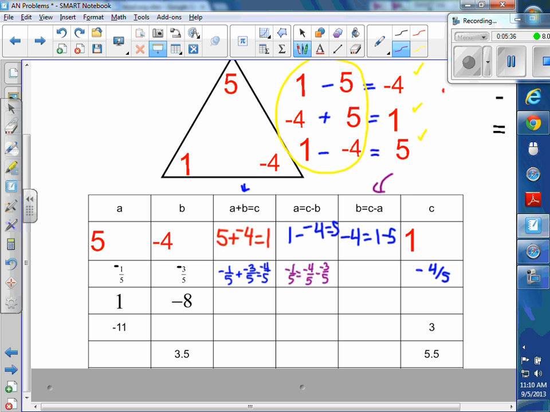What's the rule telling you to do? 3 minus 11. No, not 11. We're on this right here. Wait, what is the rule again? Your B value is equal to C minus A.